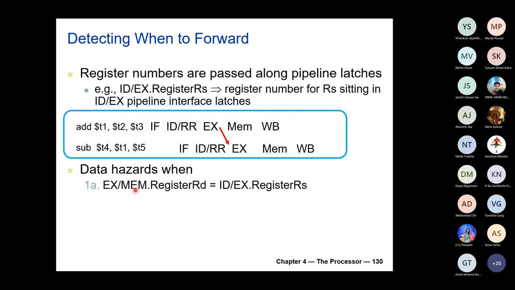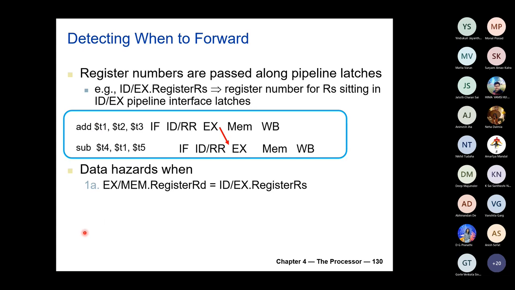So if EX/MEM dot register RD, that means the destination register currently saved in this interface latch, is equal to the source register which lies at the interface between ID and EX, then this register is the same as this one, isn't it?